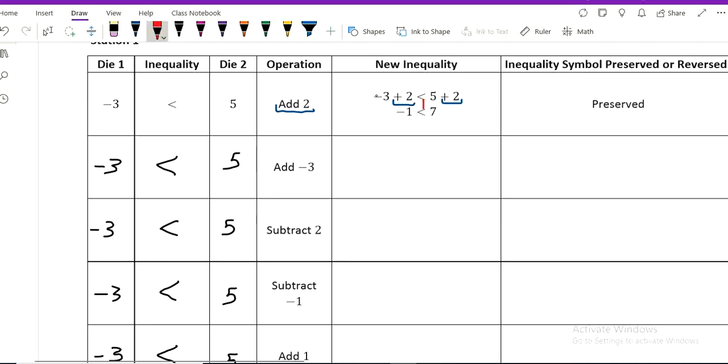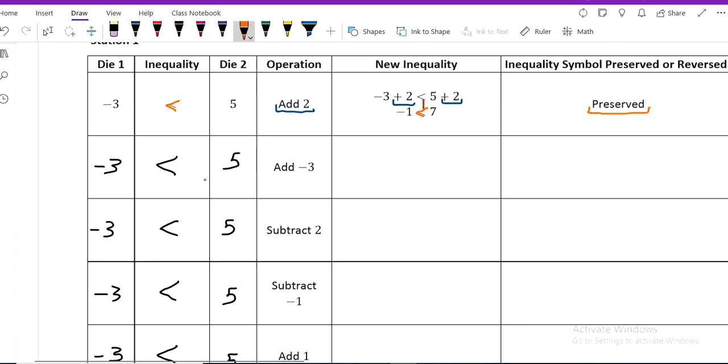So -3 plus 2 gives us -1. 5 plus 2 gives us 7. And we look at it, we say, oh, here's -1, here's +7. The alligator faces this way because 7 is the greater value. So the inequality sign faces the same direction. It's still facing toward the right. So that's why we're saying it is preserved.